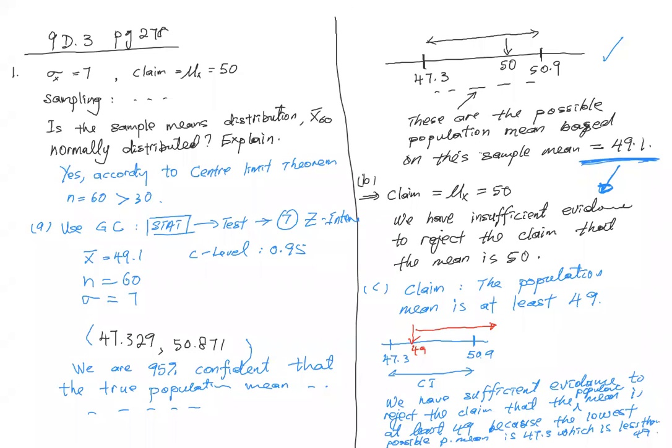Got it? So you reject because you say at least, but it can be lower than 49.